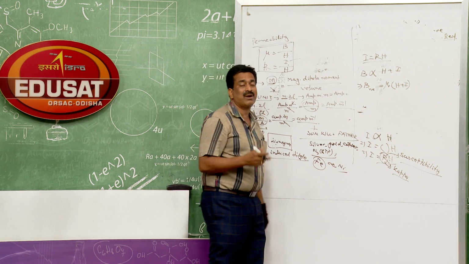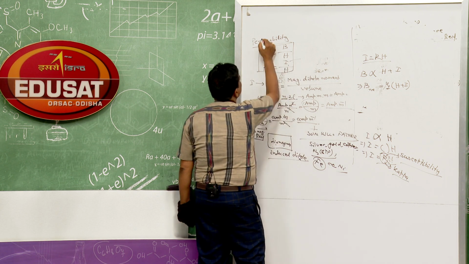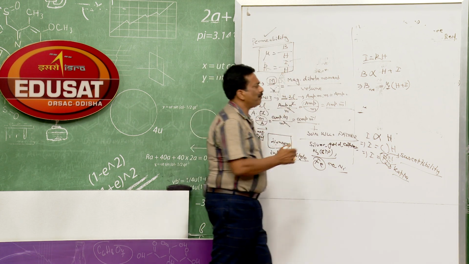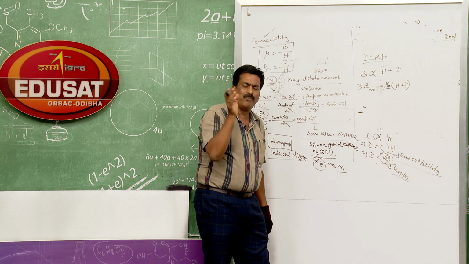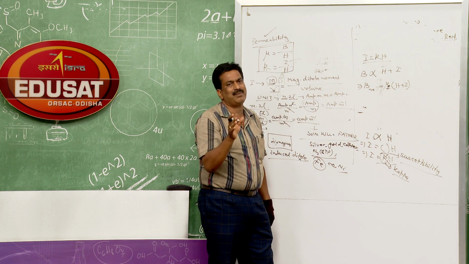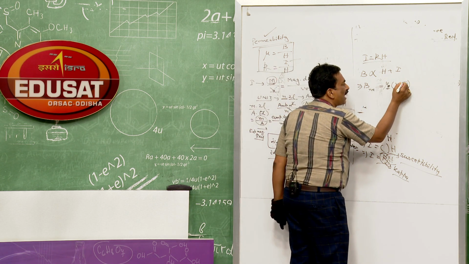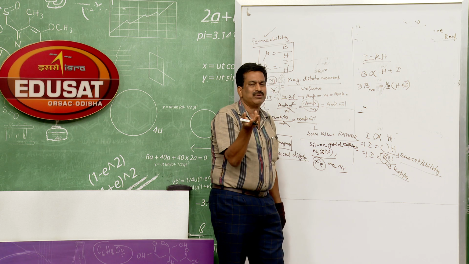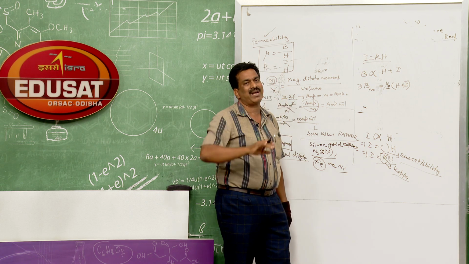The question comes, sir, why is it mu 0? Mu 0 stands for, as I said, the permeability of free space. For free space, there is no influence of the external magnetic field. If the external magnetic field is 0, then I will be 0, because it will not influence the inside of that magnetic substance.